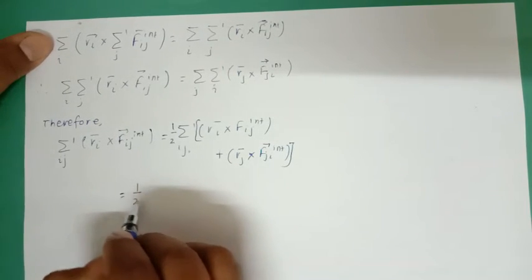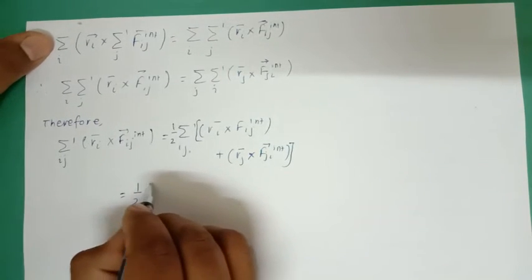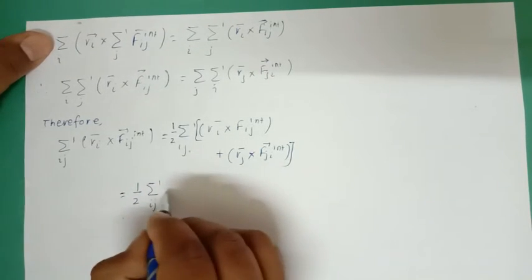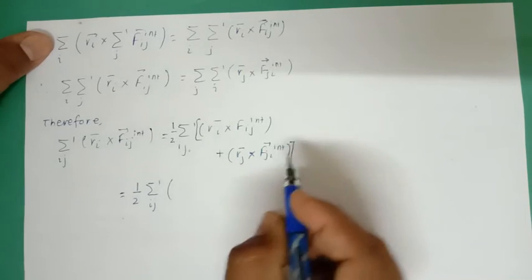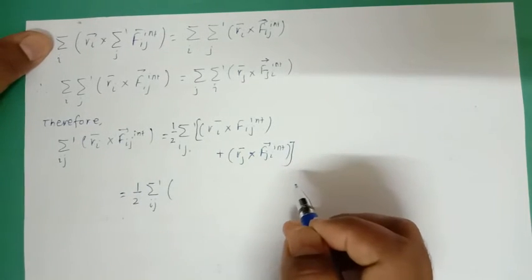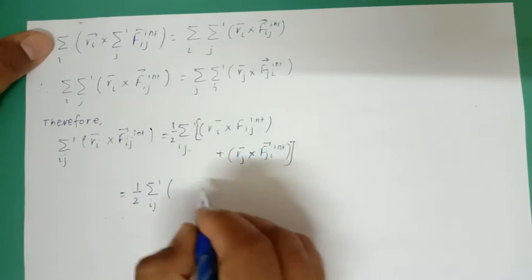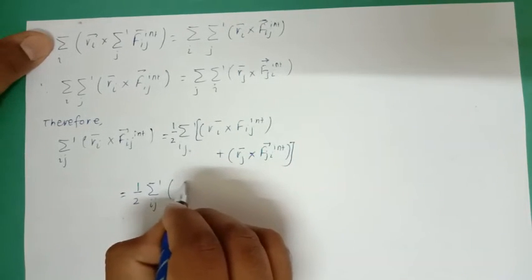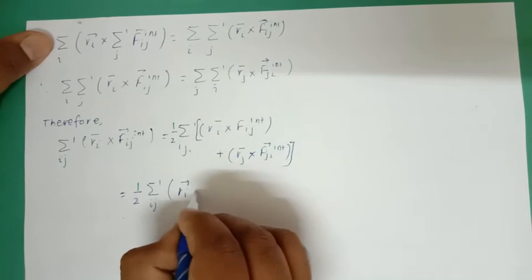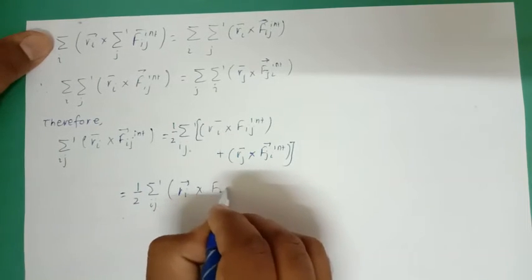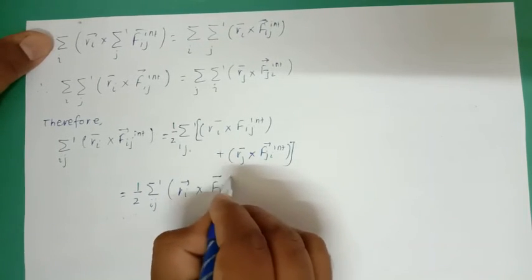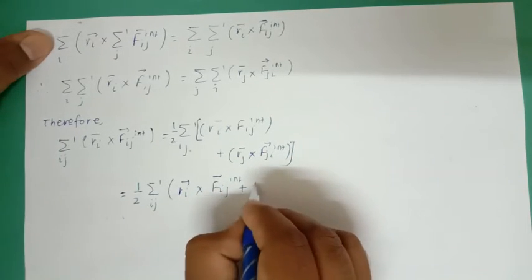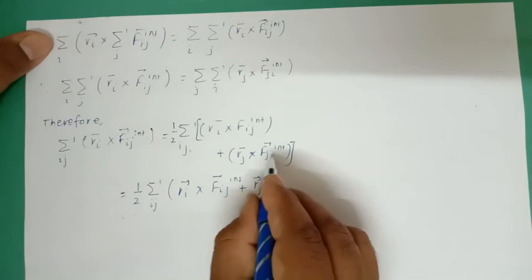So summation as it is, over ij prime, half. By the way, what are Fij and Fji? I'll explain why I'm writing this: Ri cross Fij internal plus Rj again as it is cross Fji.